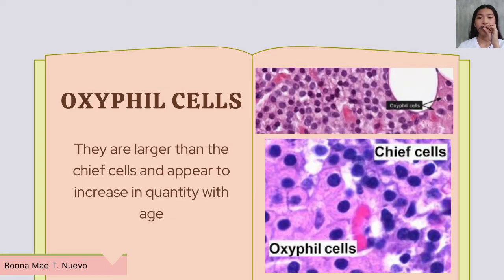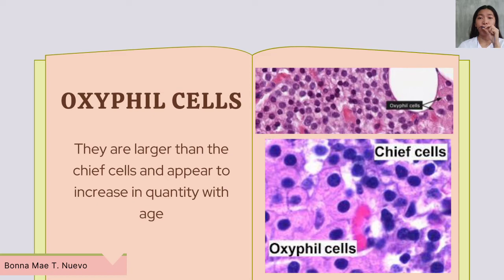The next one is the oxyphil cells. Oxyphil cells are larger than the chief cells and appear to increase in number with age. Oxyphil cells are observed either singly or in small groups interspersed between chief cells.